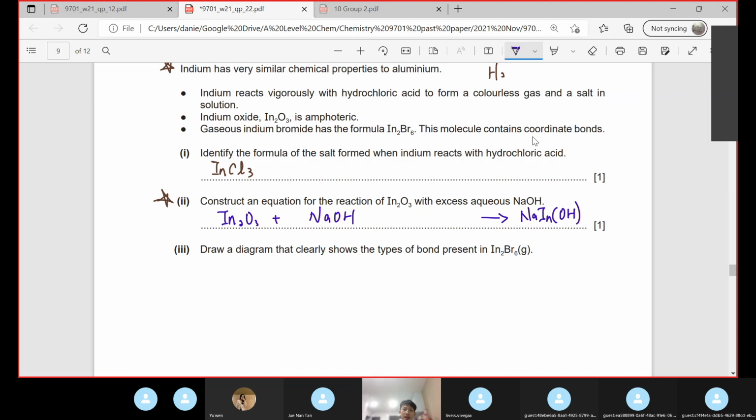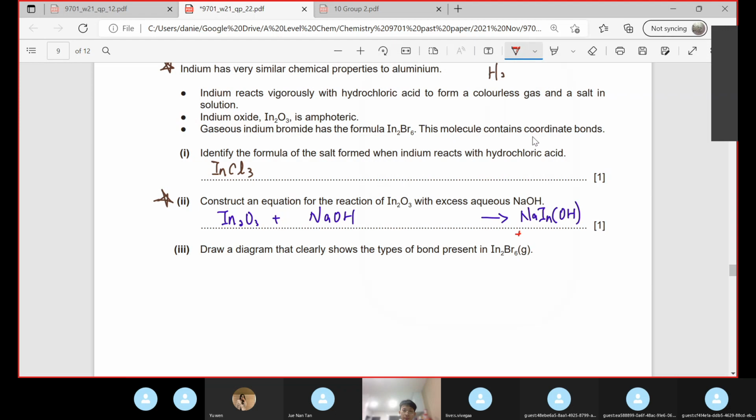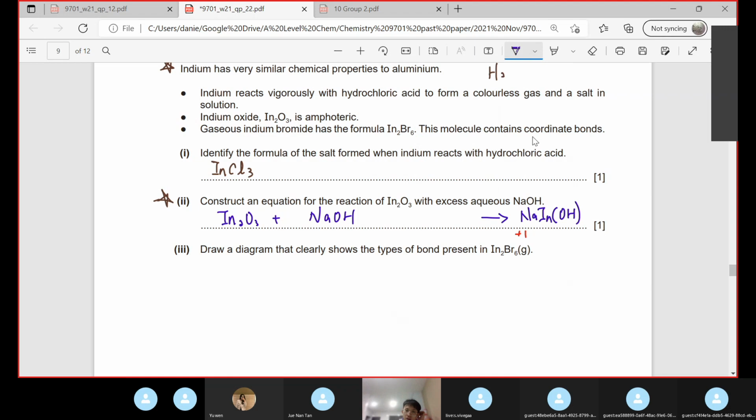Na has oxidation number +1, In is 3 positive. So 1 positive and 3 positive, the total charge here is 4 positive. How many hydroxide should we have in order to balance it to become neutral? We have 4 positive, and OH is only negative charge, so we need 4 OH to balance it.